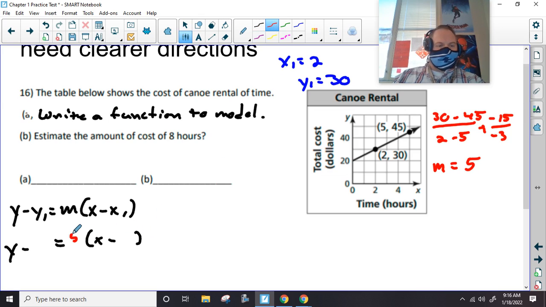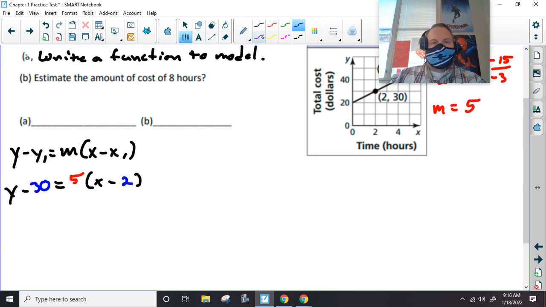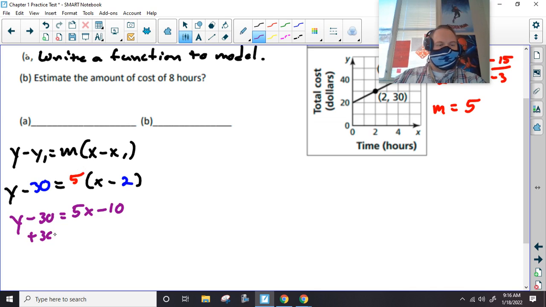Okay, 5 goes here. 30 goes here. And 2 goes here. So we distribute, solve for y, 5x minus 10. So y equals 5x plus 20.